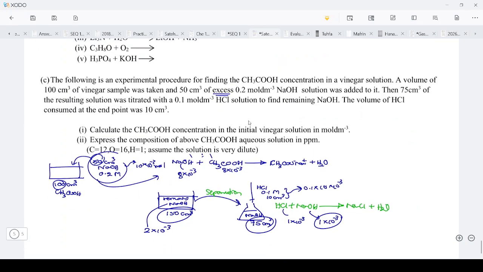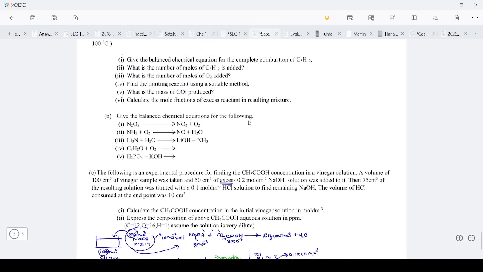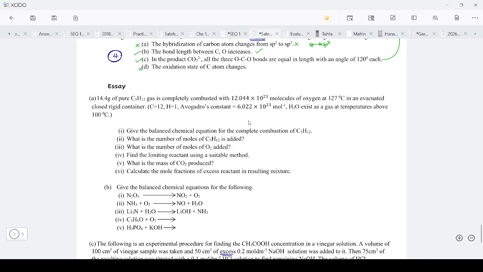Okay, so that's how we get the answers for the questions. I hope the essay questions won't be a problem. You have the marking scheme in this recording. Mark your answers with that. The essay question is out of 100 marks, and you have 10 MCQs also.